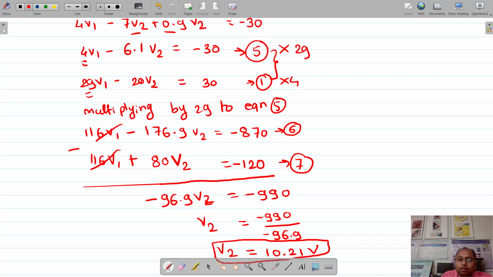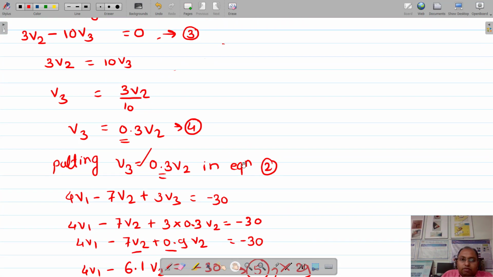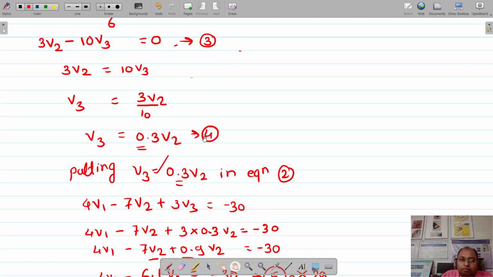Now recall the equation number 4. Remember 10.21. So in this equation number 4 we are going to put v2 is equals to 10.21.